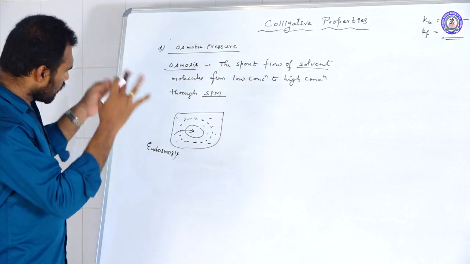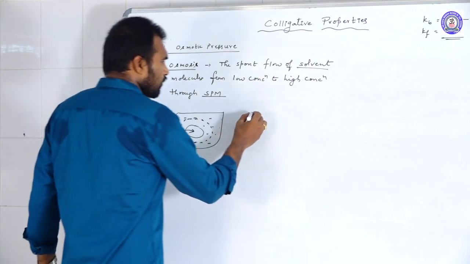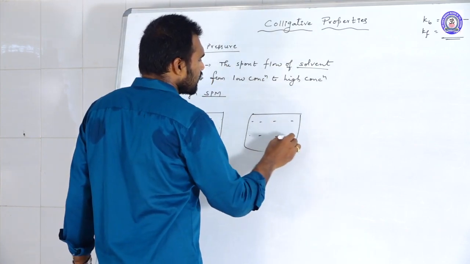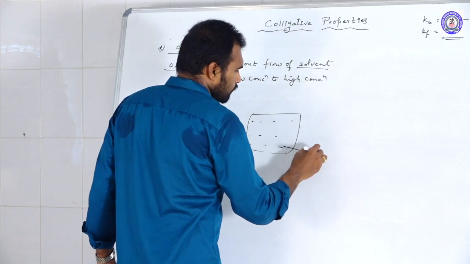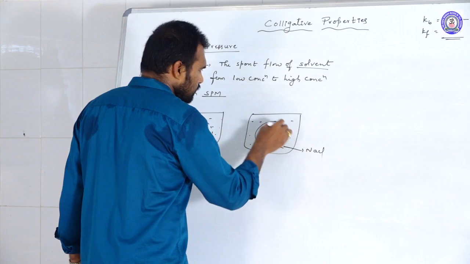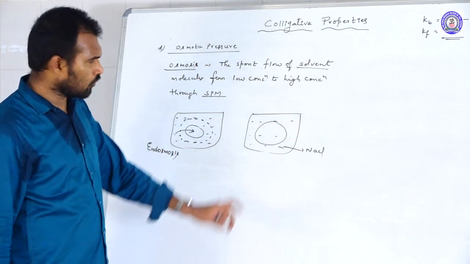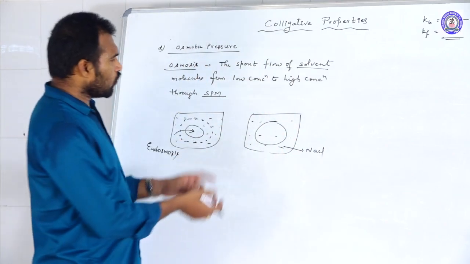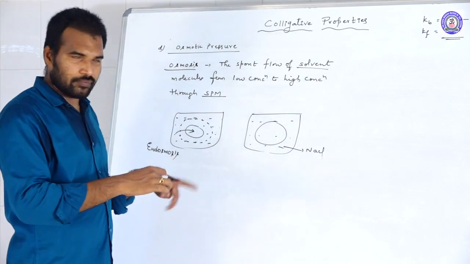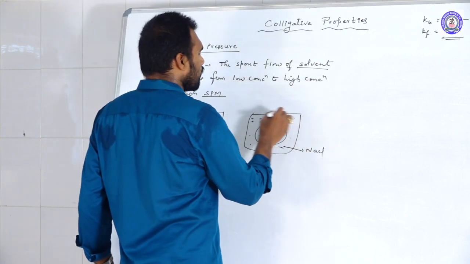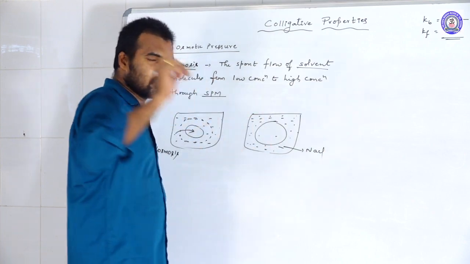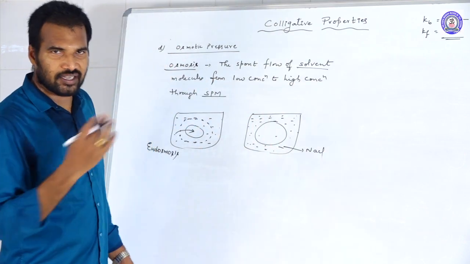This is endosmosis. Now the same resin, you immediately transfer to NaCl solution, a highly concentrated solution. When you compare the concentrations, the concentration inside the resin is lower, outside the resin is higher. The solvent molecules always move from low concentration to high concentration.